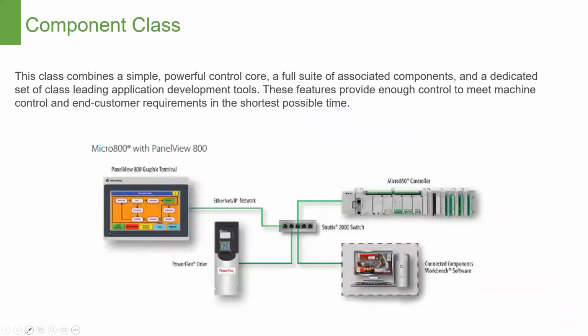So let's move along. A couple of architecture pictures just to help visualize how you might apply these in your application. Rockwell breaks them down into a couple of different classes. Don't need to get too caught up in these classification names, but one's component class. This is really intended for the PanelView 800 and usually connected to a Micro 800 controller.